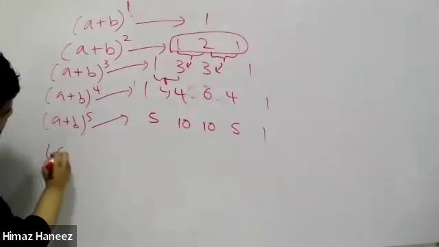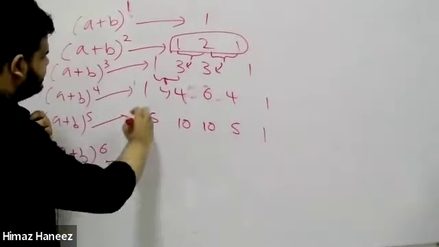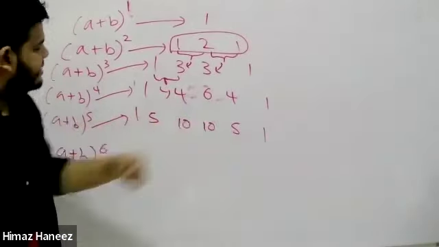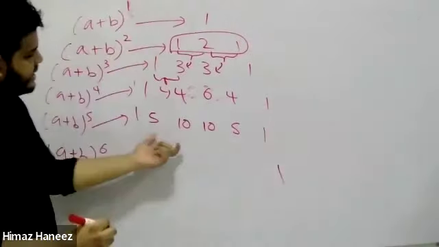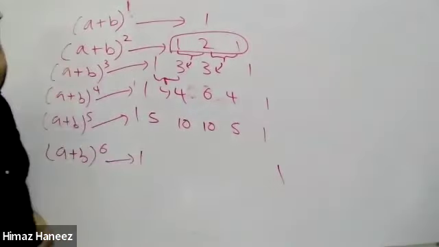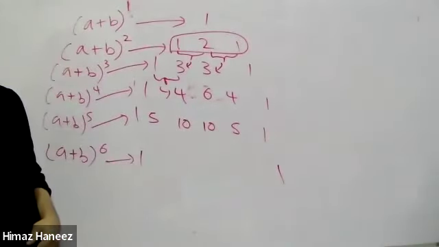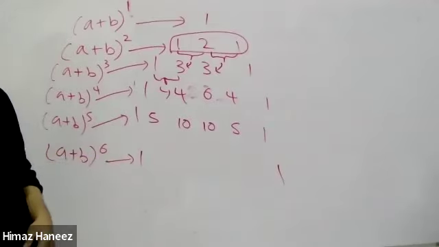Now I want you to give me the number combination. On the left hand side it's 1. On the right hand side also it's 1. How many numbers should be there in between? Now the power is 6, so how many terms should be there?